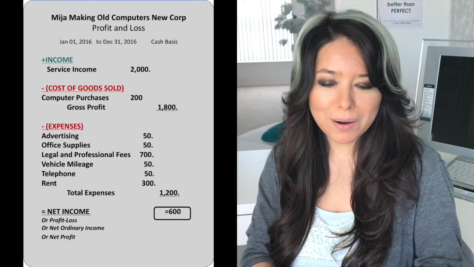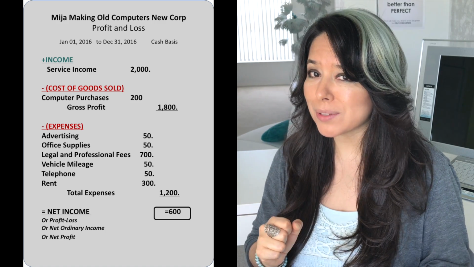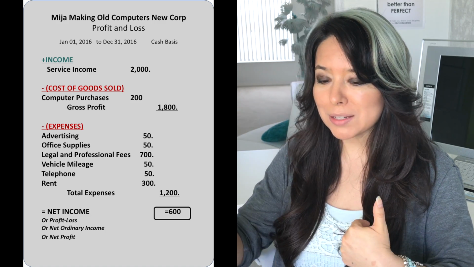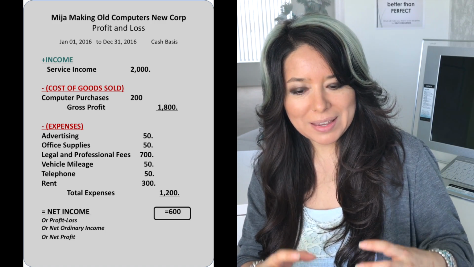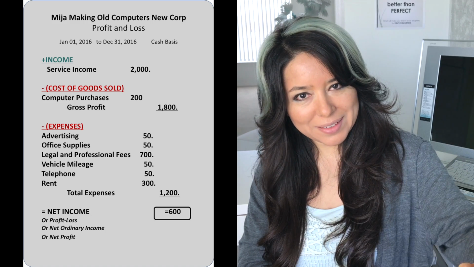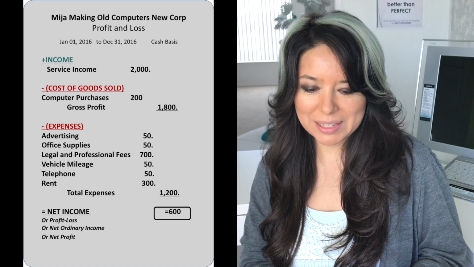But out of that $2,000, he had to purchase parts to fix those computers, and he spent $200. So that's minus $200, and it goes on cost of goods sold because it is directly related to repairing those computers. Then we have expenses.